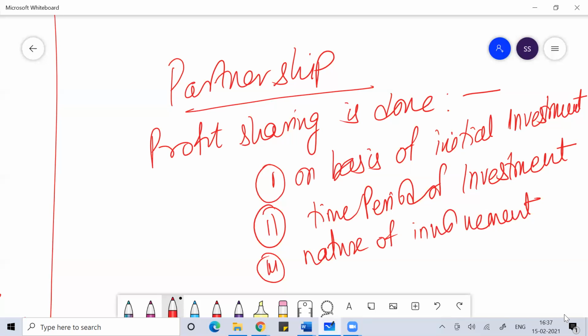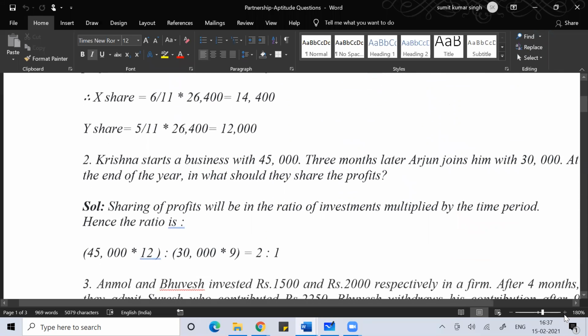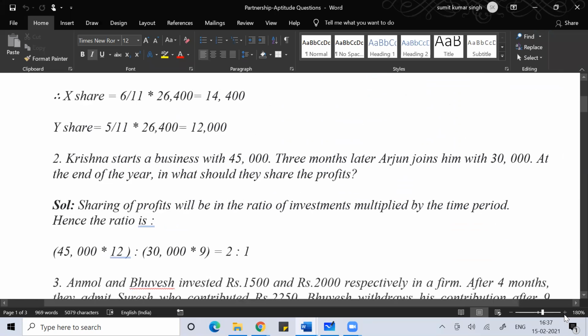When we talk about profit sharing, it is done on the basis of the initial investment, the time period of your investment, and the third one, the nature of your involvement.